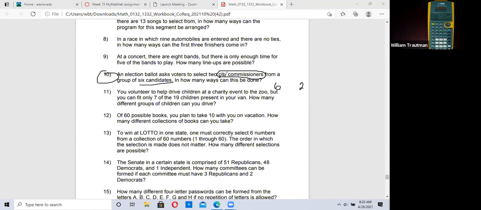It doesn't say they're different or anything. So I'm assuming these are the same jobs. So they're picking 2 from 6. So it's a combination since it's the same job. They're not different. So we just put 6C2 on our calculator. Once again, hit 6, probability. C is number 2 and then type in 2. And you should get 15 for number 10.